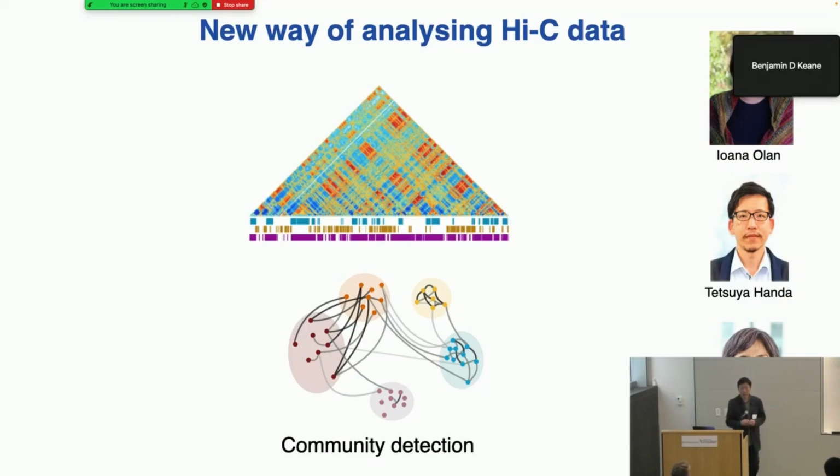But Joanna is a hardcore mathematician with a strong background in graph theory and Hi-C analysis. Okay, why not use graph theory? So this is the way she's looking. The data looks like this, not like this.